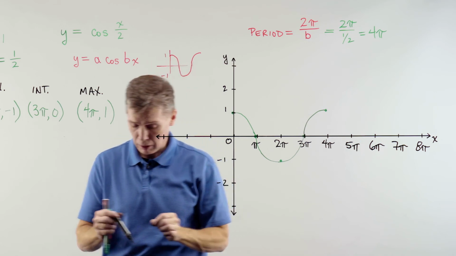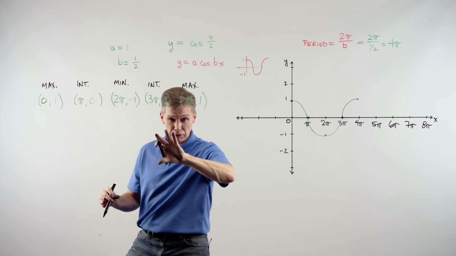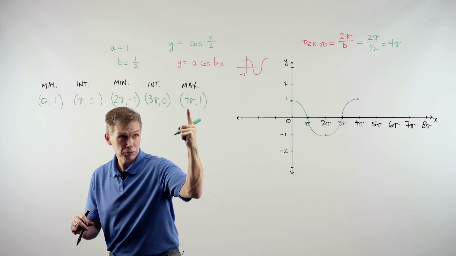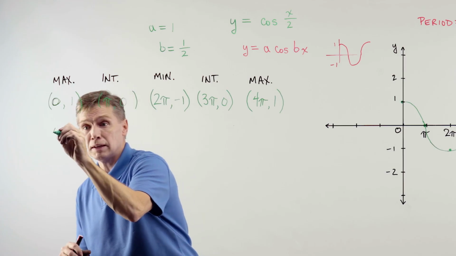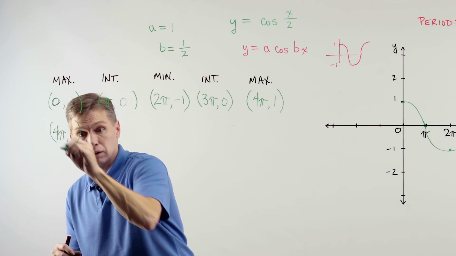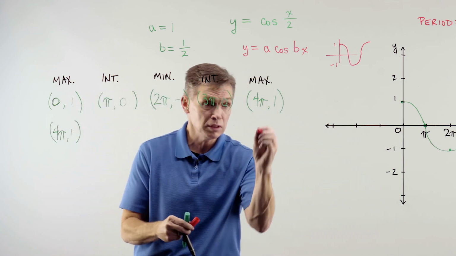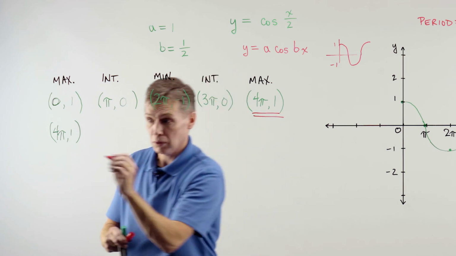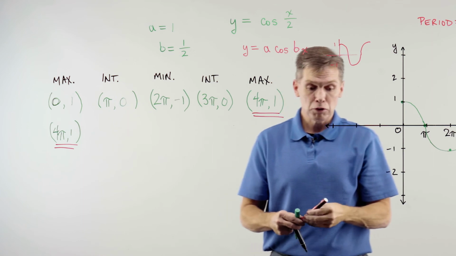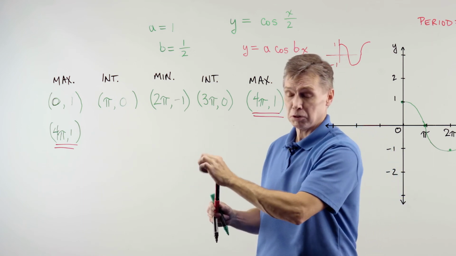All right, so now back over here, I'll just include a second row of these 5 key points from my second period. And where did I leave off? 4 pi. That's the same, 4 pi, comma 1. And very important, what I mean by the same is these are the same points. 4 pi, comma 1, where the first period ends is exactly where the second period begins, okay?